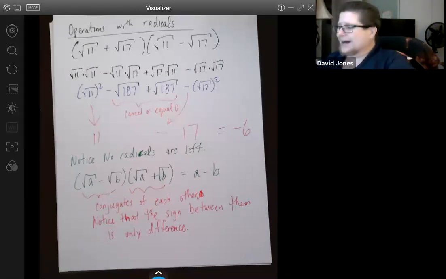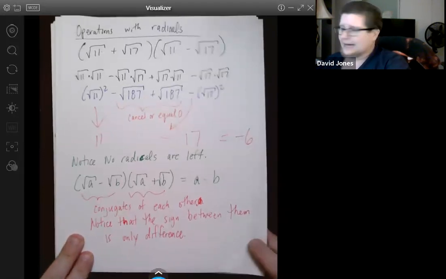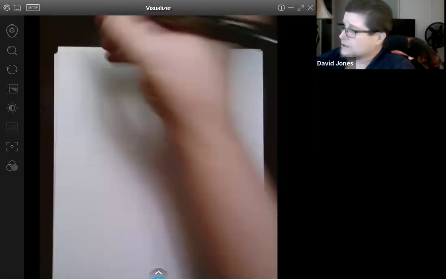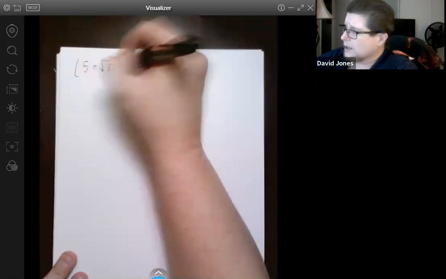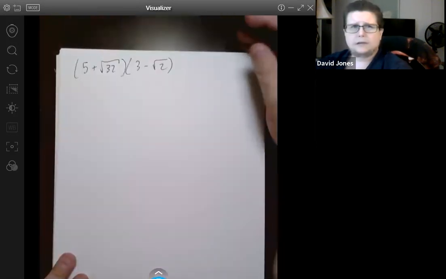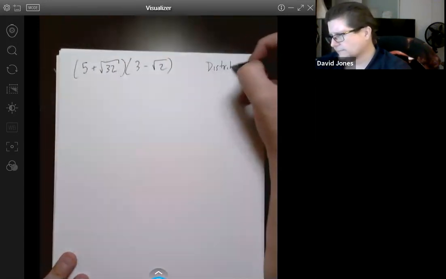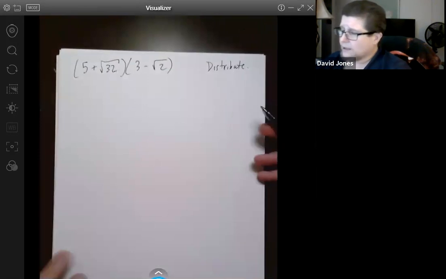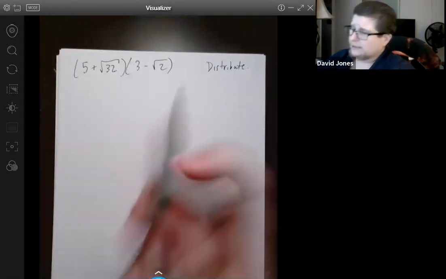What about when they're not something simple like that, where they are equal to each other? What happens when we have different numbers? Let's take a look at that. So let's do like 5 plus square root of 32 times 3 minus square root of 2. We need to distribute. So I've got 5 times 3.